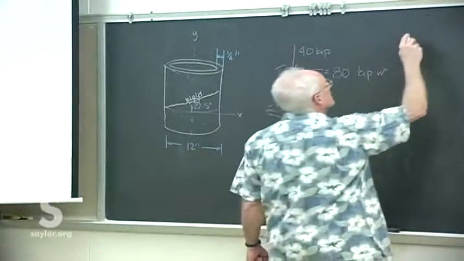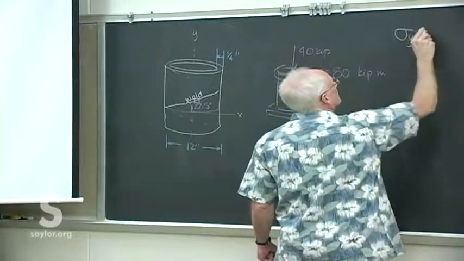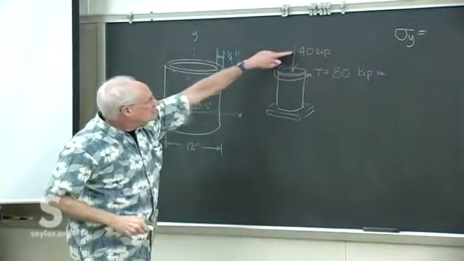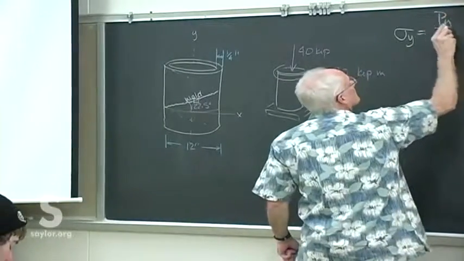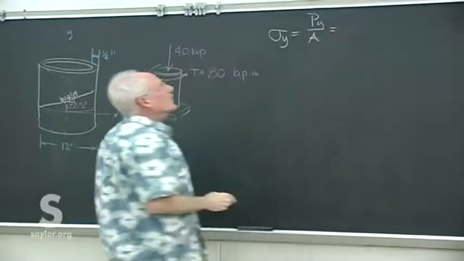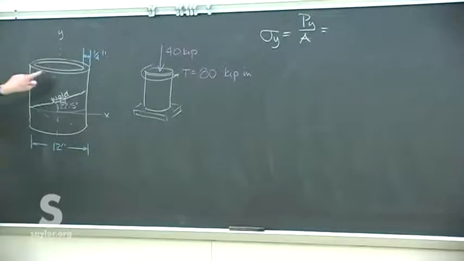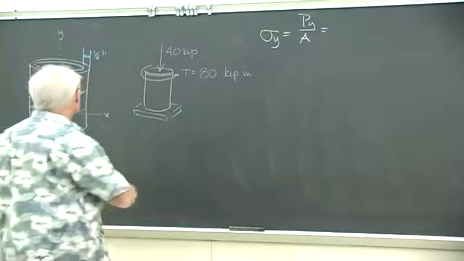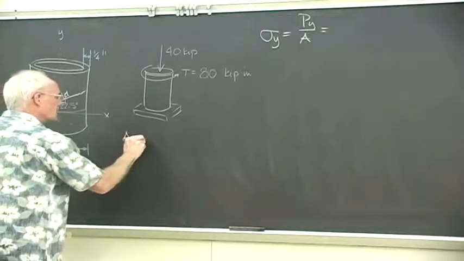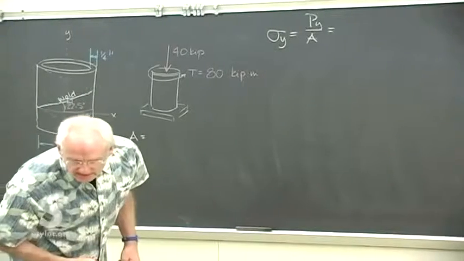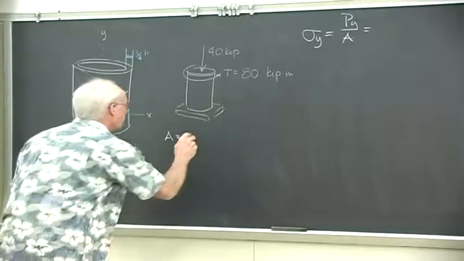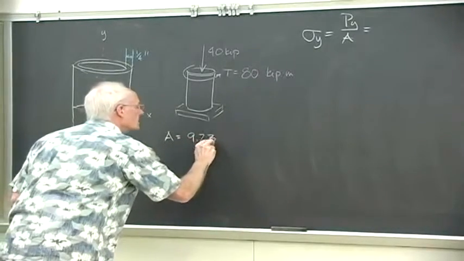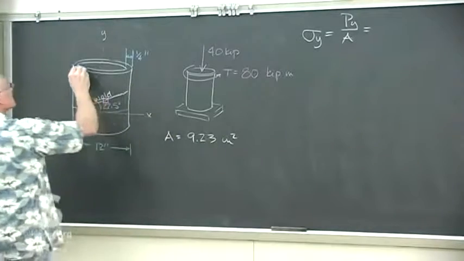So we have a normal stress in the y direction because of this compressive load over the area that's supporting it, which is the cross-sectional area of the pipe itself. So we'll need that value, but that's pi times the outside radius squared minus the inside radius squared. That's 9.23 square inches.